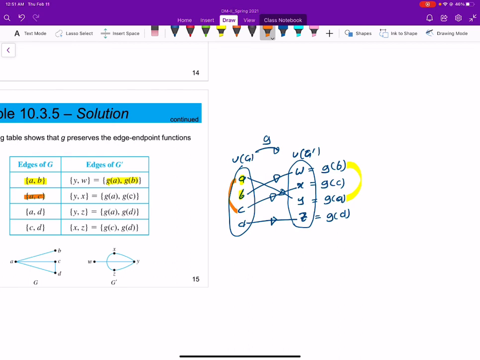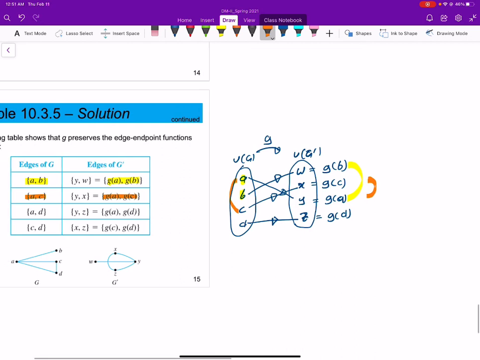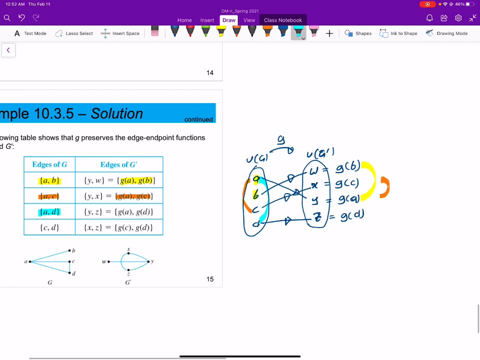A is mapping to Y, C is mapping to X. Then that is the edge between these two, which is GA, GC. And then the edge between A and D is the same as the edge between these two, GA, GD.